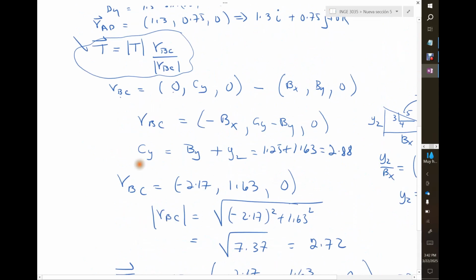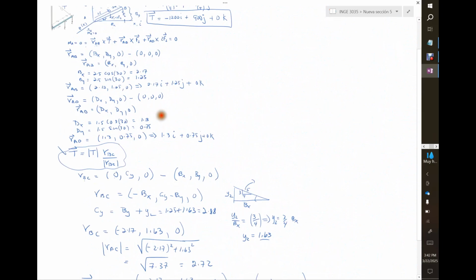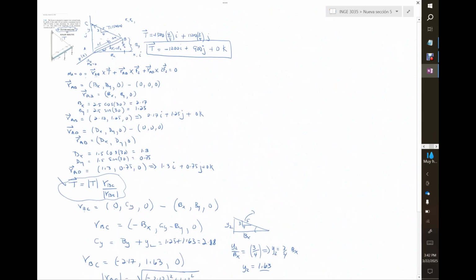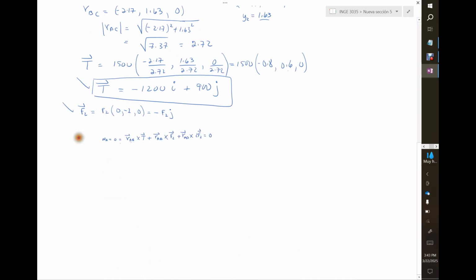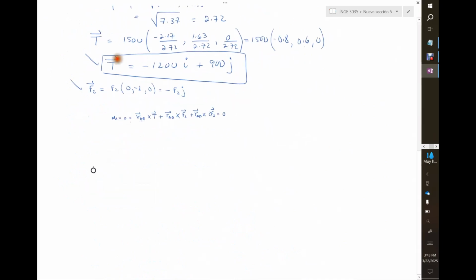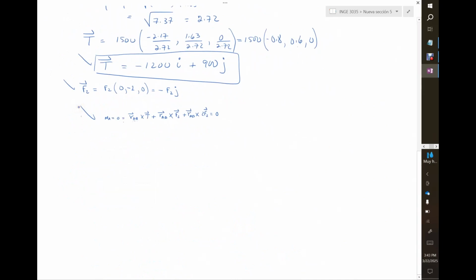Now what we need is to go back and redo this math here. Let me copy that. Let's see if I can copy. Alright, so that's where we are. Now I need to do these three cross products equal to 0 to solve for F2. Basically that's what this boils down to. Let's do the first cross product.